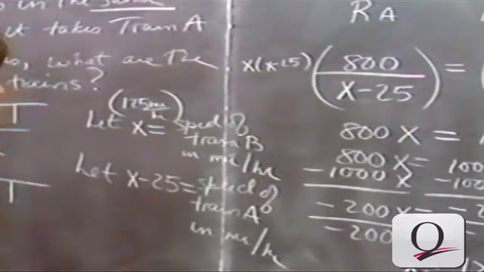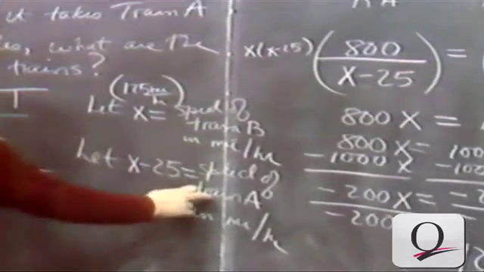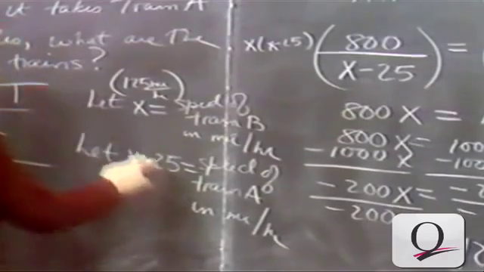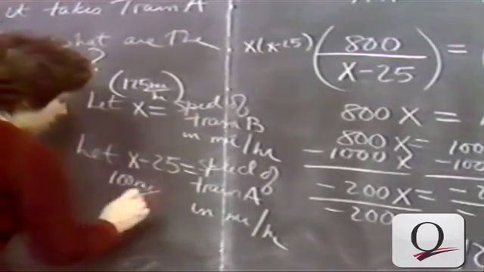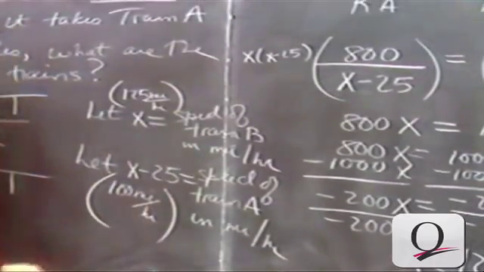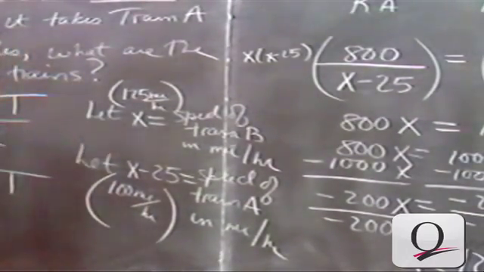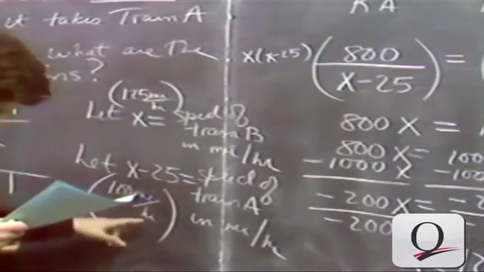And train A, x minus 25, 125 minus 25, that is 100 miles per hour. So your answers: train B goes at 125 miles per hour, and train A at 100 miles per hour.